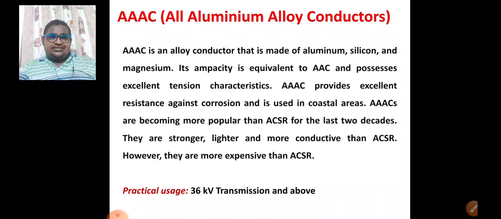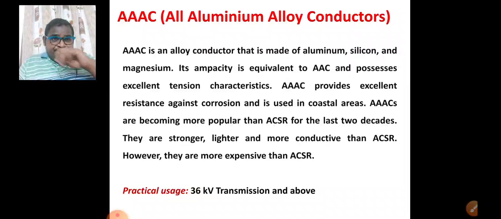Its ampacity is equivalent to AAC and it possesses excellent tension characteristics. All aluminum alloy conductors provide excellent resistance against corrosion and are used in coastal areas.